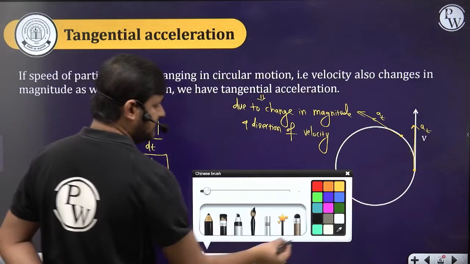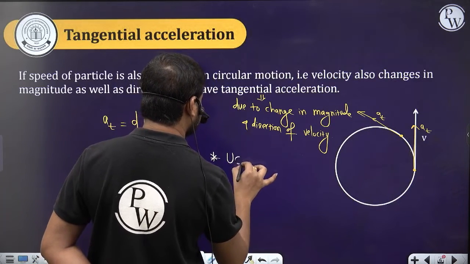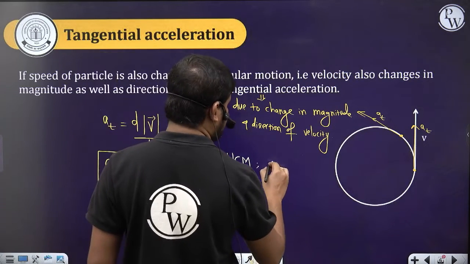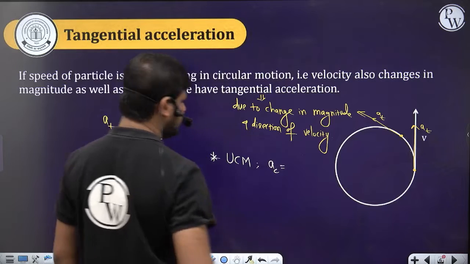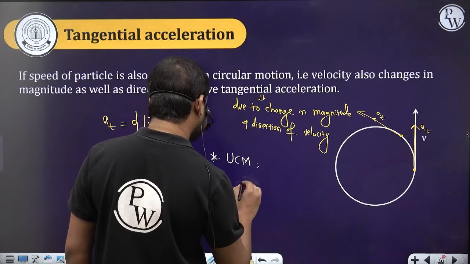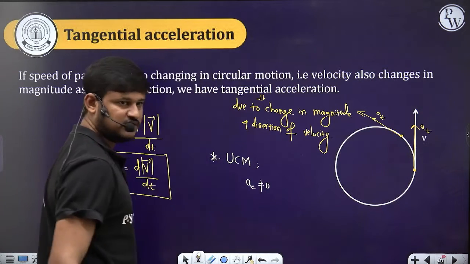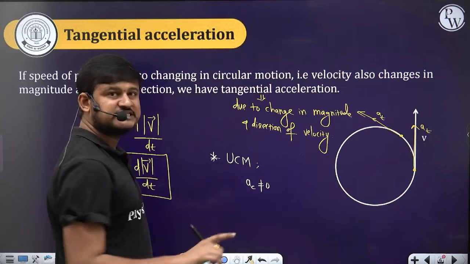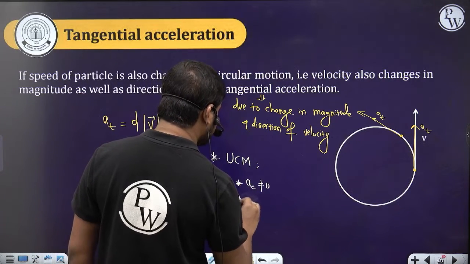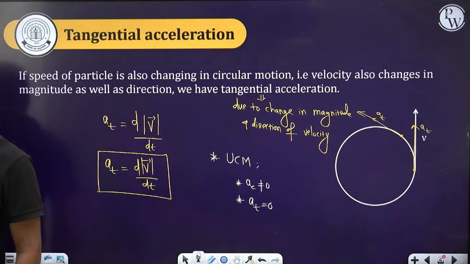Now let me ask this question. In the uniform circular motion, tell me, is AC 0 or not? Shall I say that AC is not equal to 0? Uniform circular motion means the speed is constant. So if the speed is constant, AC is not equal to 0, but AT is equal to 0. Shall I say the tangential acceleration will not be present?